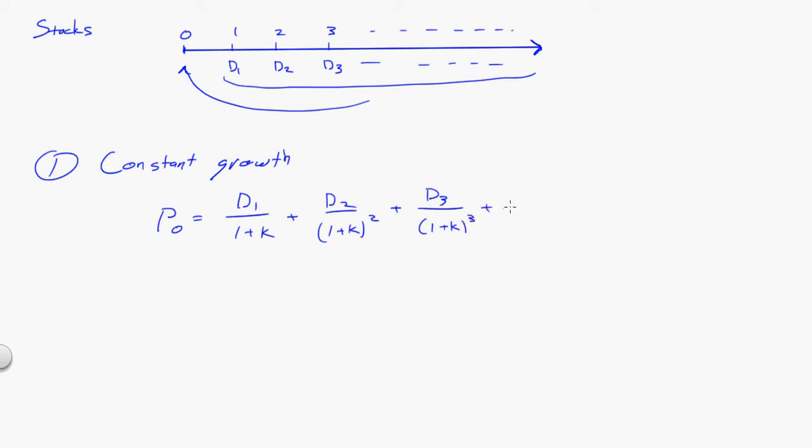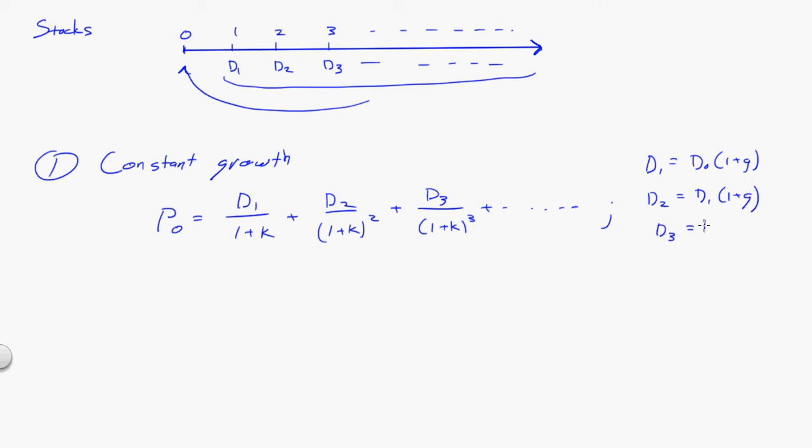Remember, we have to do this an infinite number of times, except we assume in the constant growth model that D1 is equal to D0 times 1 plus G, and that D2 is equal to D1 times 1 plus G. See the pattern?